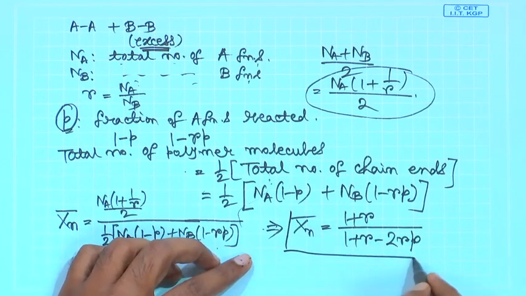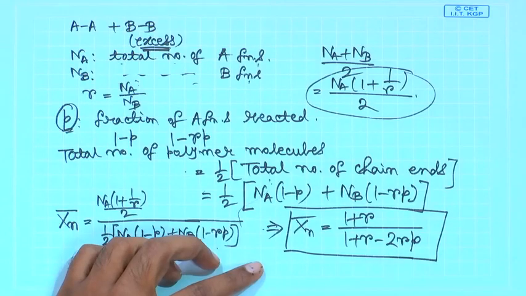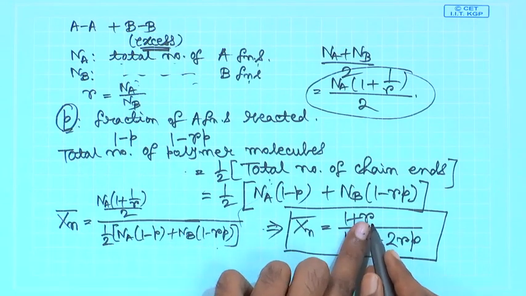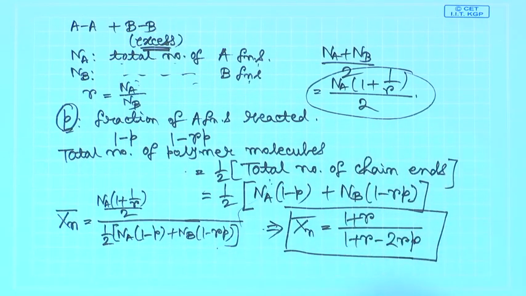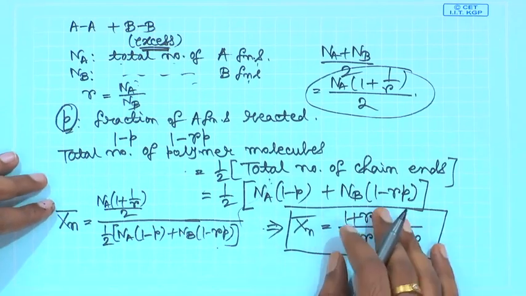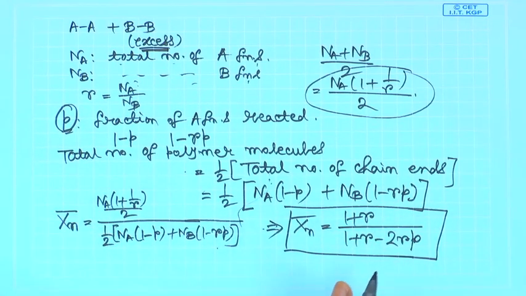So, that is how the degree of polymerization will vary with respect to the extent of conversion and with respect to the stoichiometric imbalance, or the stoichiometric ratio, that you have taken.